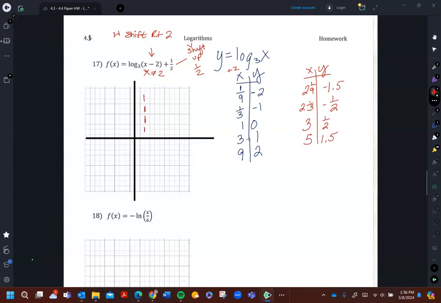So plot that in first. Vertical asymptote, x equals 2, if you want to write that for the label. And then go ahead and graph it, and just plot the points. And it's going to be something like this. 5, let's see.